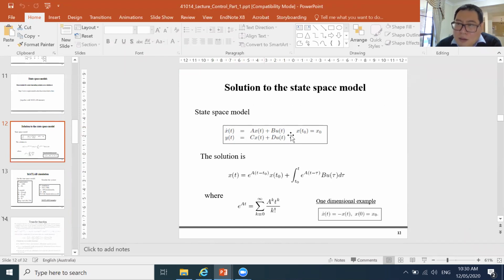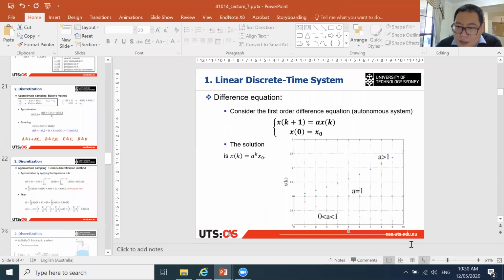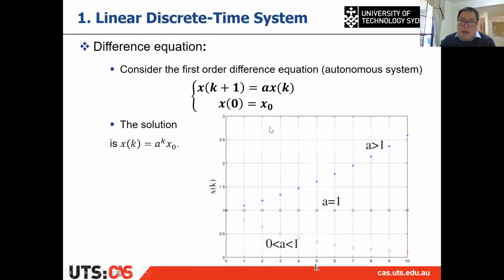So it is about a relationship between the derivative of the state and the state and also the control. All right, but here, for a very simple one-dimensional case, it is a bit different.